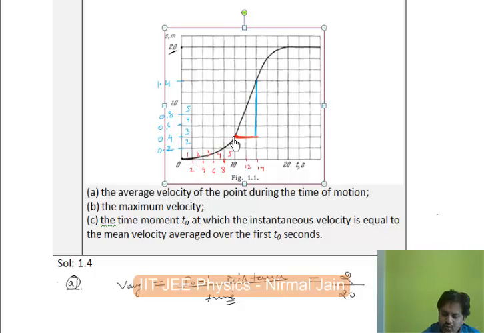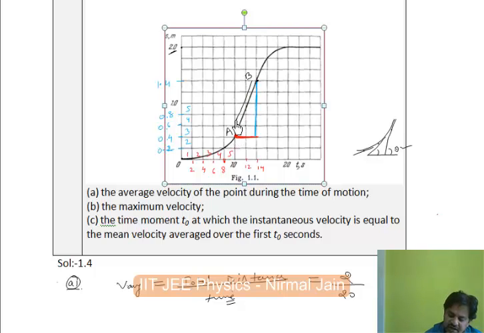So in this segment from O to this point, let's say A, and let this point be B, from O to A the slope will keep on increasing. You can see the slope of the tangent, which gives velocity, is initially like this, then becomes like this with an increased angle, then more increased. So the slope is increasing in this segment.